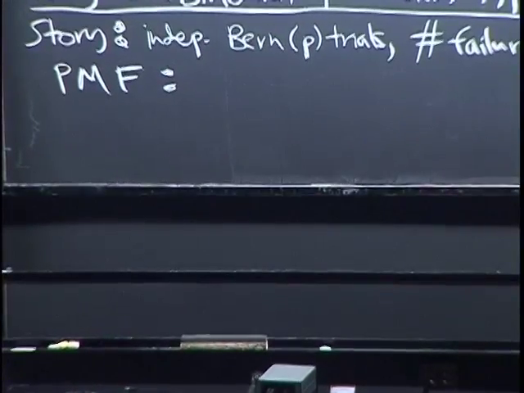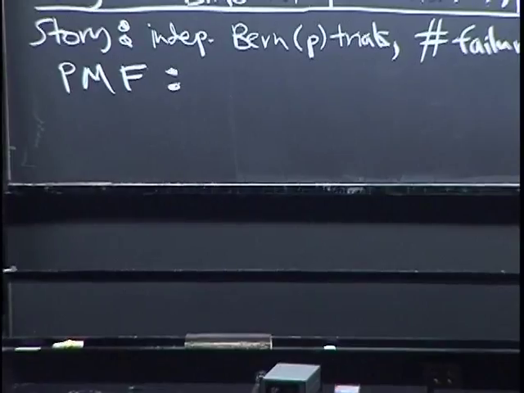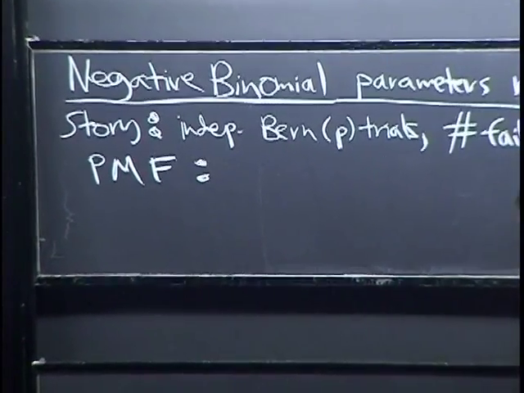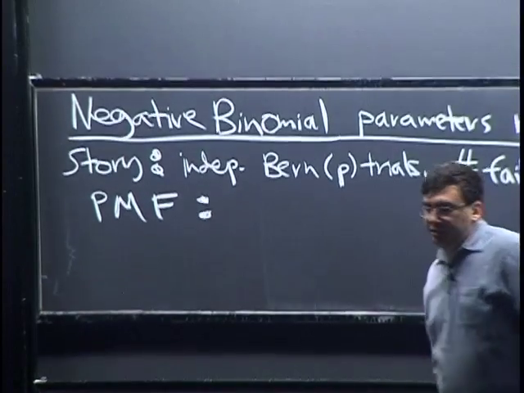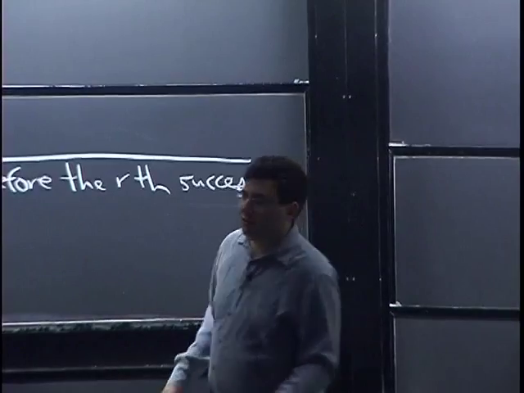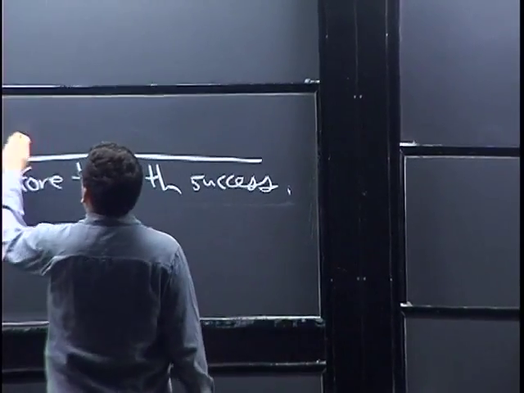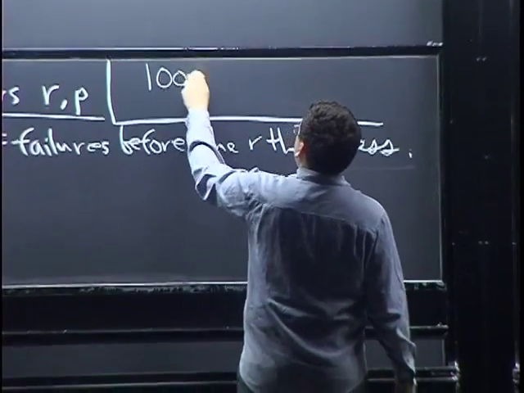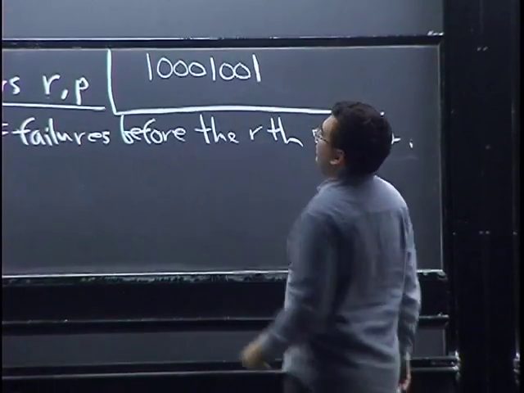Well, to find the PMF, basically we just need to draw a little picture for ourselves and then think about the picture. So the picture is just a sequence. Let's write 1 for success and 0 for failure. So maybe it looks like this: 1, 0, 0, 0, 1, 0, 0. I'm just making something up right now.